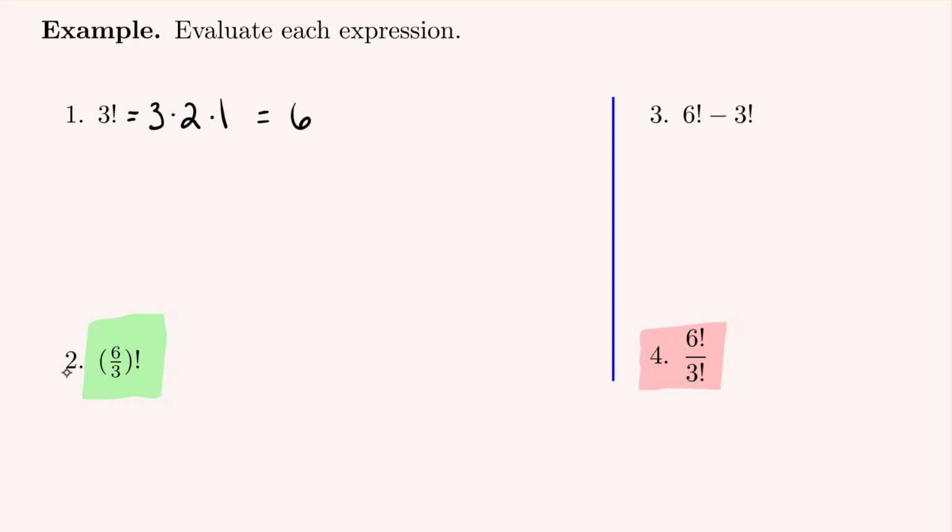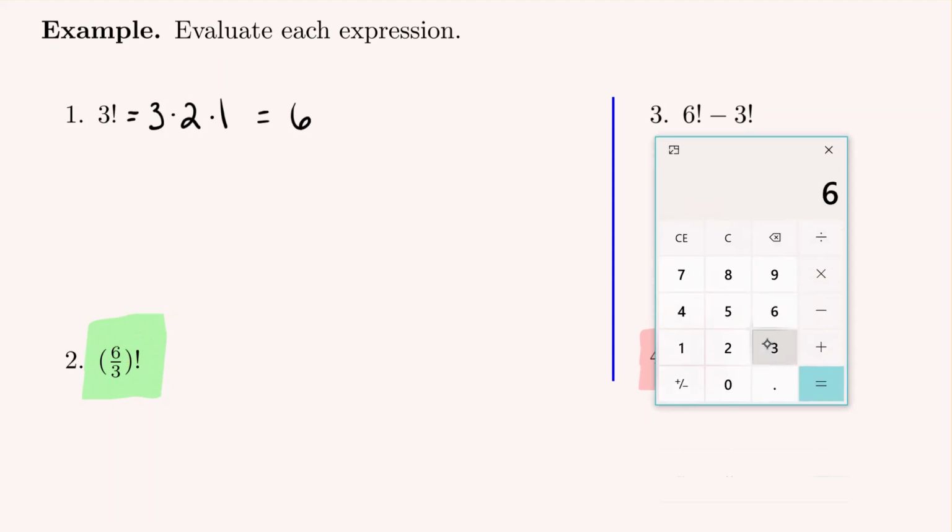An important thing that we need to read in terms of the details shown on example 2 is notice that the 6 divided by 3 is in parentheses, and in mathematics you simplify what's inside parentheses first. This means I need to take 6 and divide it by 3 first before I ever apply the factorial symbol. So what's in parentheses comes first.